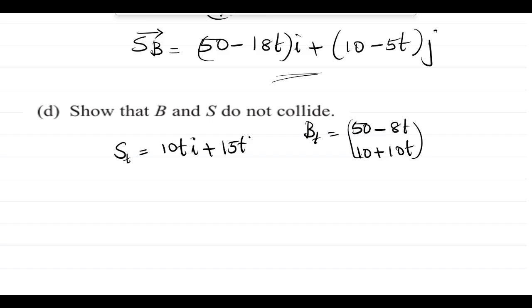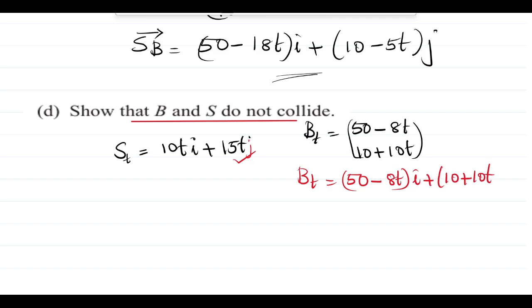See the part D question. Show that B and S, boat and ship, do not collide. Let's equate the components of the two vectors. The ship at any time t is 10t i plus 15t j, and the boat at any time t has i component 50 minus 8t and j component 10 plus 10t.